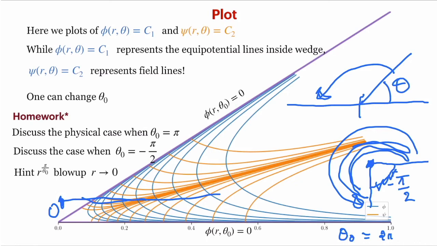That would require some interesting concepts from complex analysis. You would see that the branch cuts and the discontinuity of r to the power 1 by n play an important role in understanding these solutions. So this is a homework that would provoke some of your thoughts.